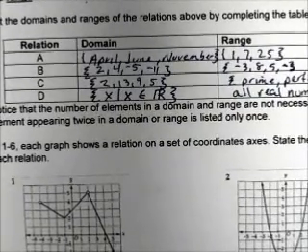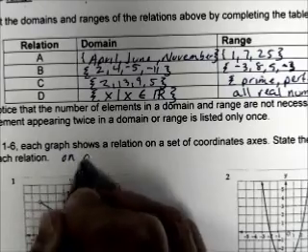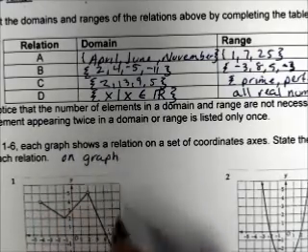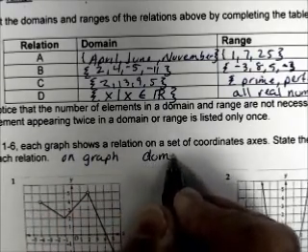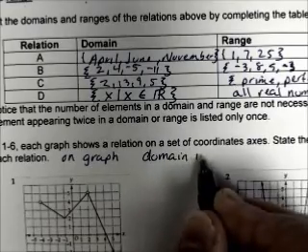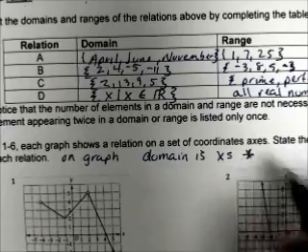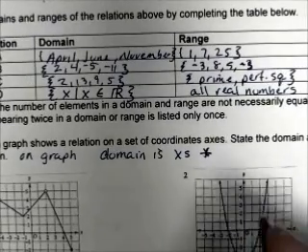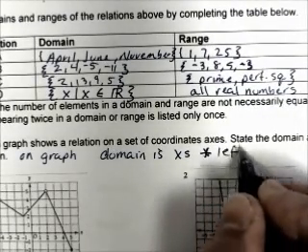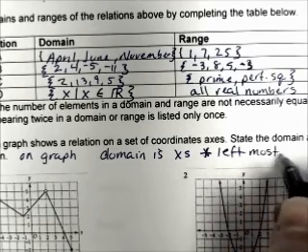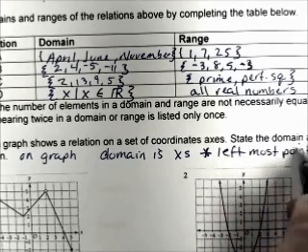When you're looking at a graph, the domain is your x's. So you're looking at your leftmost point to rightmost point. This is very important to remember.